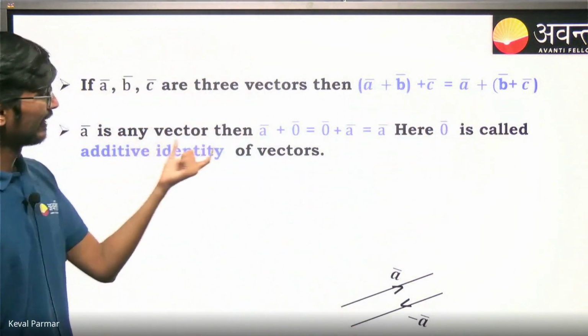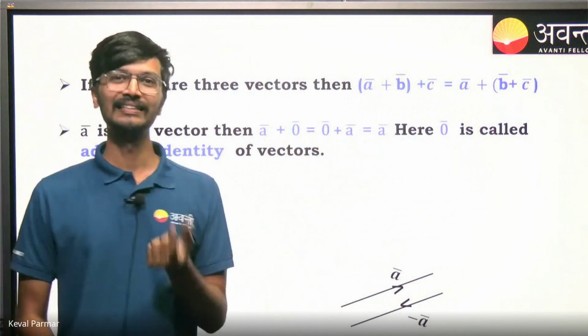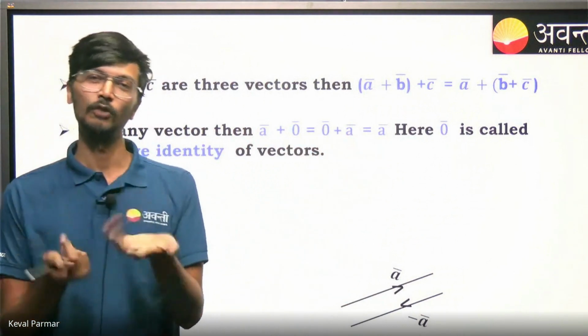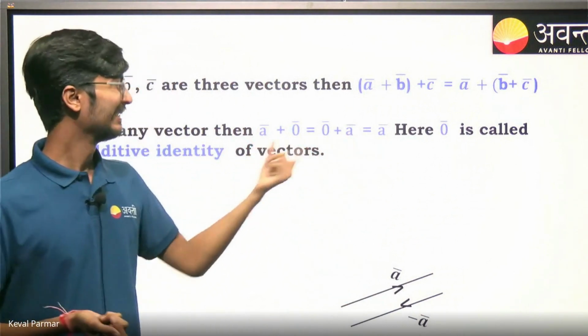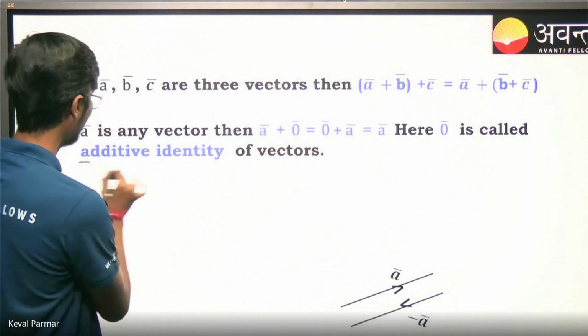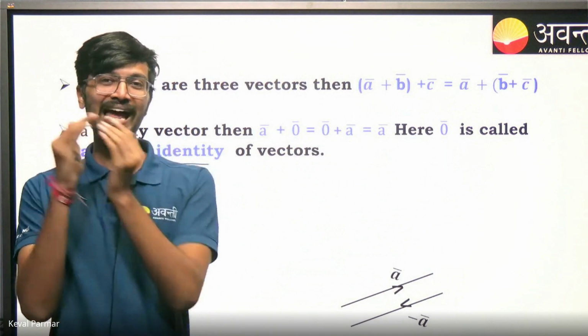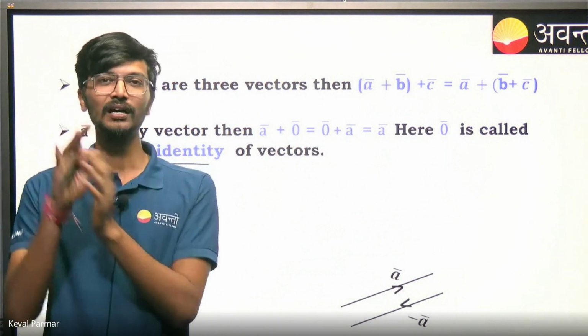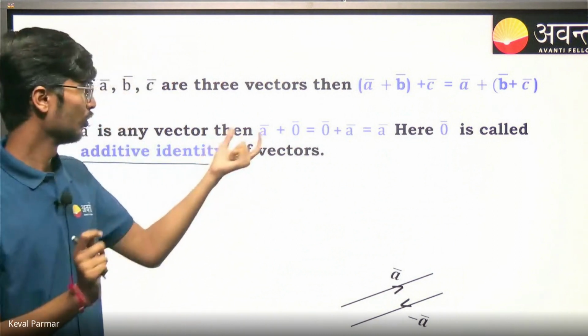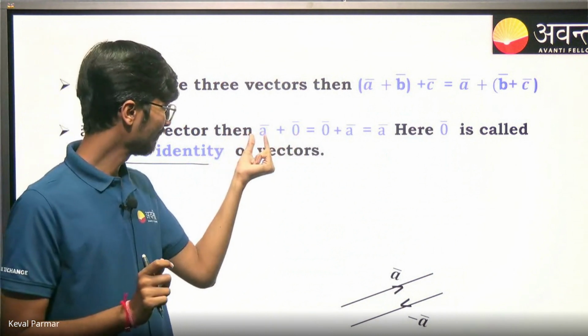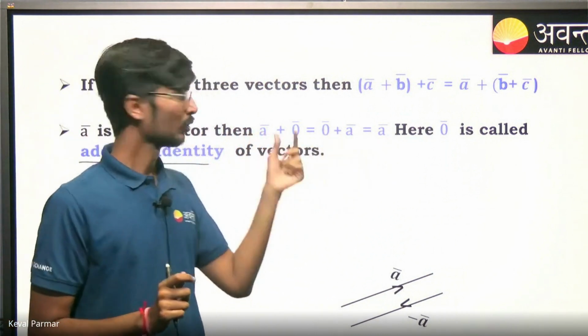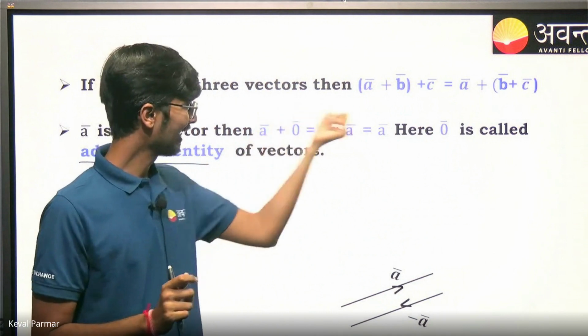Second, A is any vector, then A bar plus a zero vector will always be the same vector. Here zero bar is called the additive identity. What is the additive identity? A number which when added gives the original number. So if I add zero bar to A bar, I'll get A bar.